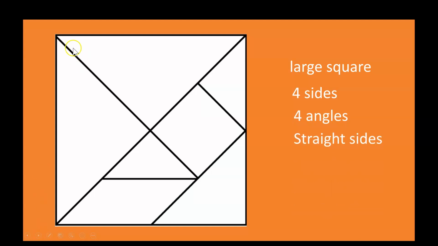And all the sides are straight. So there's no curved sides. All the sides are straight, all 4 of them. And they're also equal. So each of these sides are the same length.